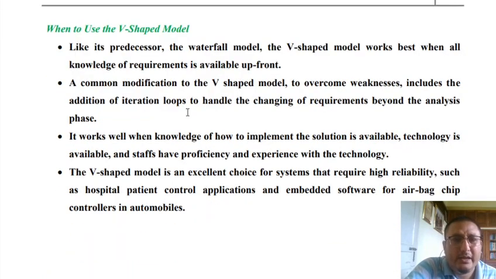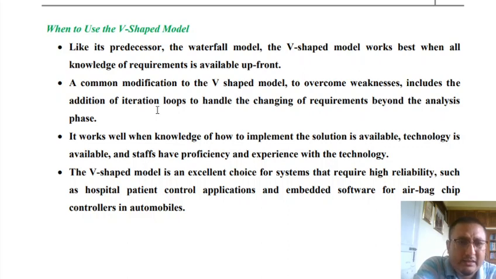So now, when to apply the V-shaped model? Like its predecessors, like the waterfall model, the V-shaped model works well only in situations where the definition of the requirement is stable and placed before the initiation of the design phase.